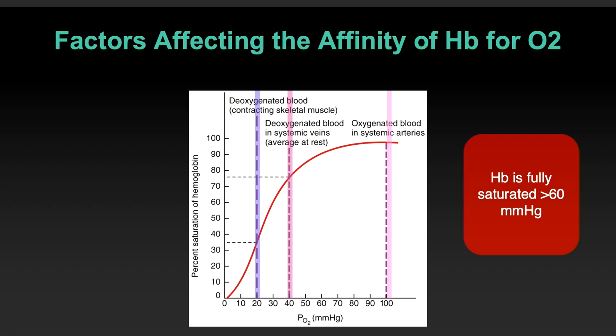This is one of the reasons why we're thankful there's not a linear relationship. If this were linear, at a PO2 of 60, I would have a much lower saturation. I would be a lot less likely to tolerate moving from Nova Scotia at sea level to what's nearby that's tall.